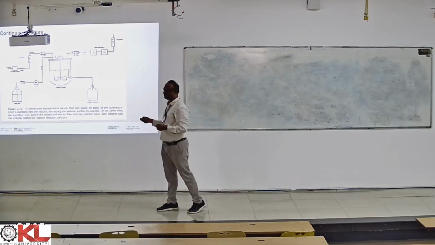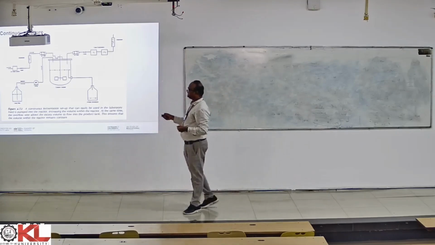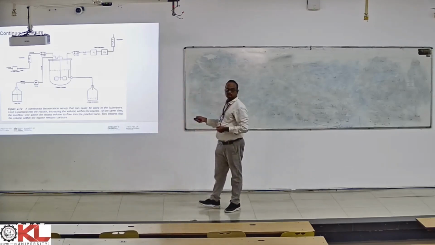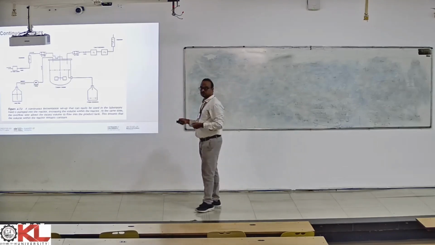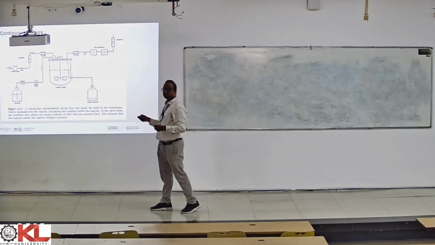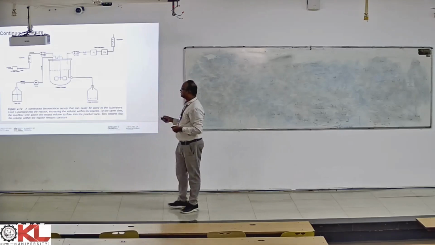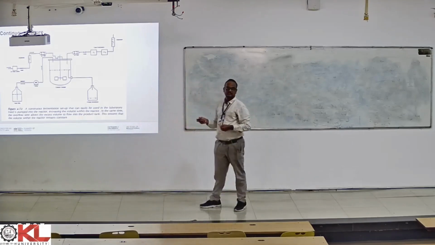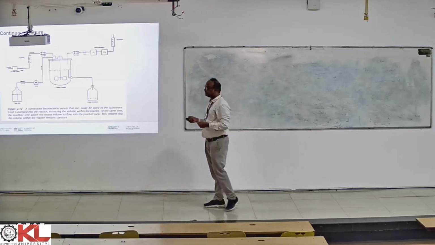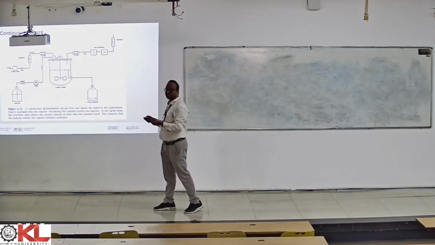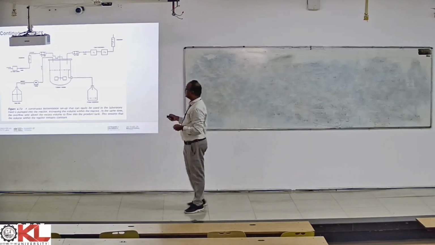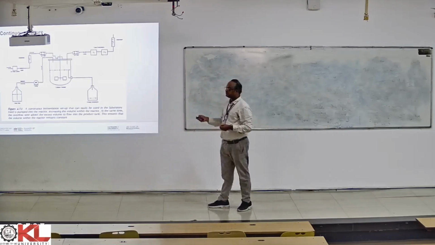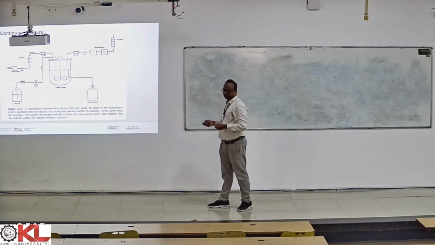What does that mean? We are going to send the feed continuously into the bioreactor. So what happens if we send the feed continuously into the bioreactor? The volume gradually increases inside the bioreactor, so it can have undesirable effects. So we are continuously taking feed out from the bioreactor.